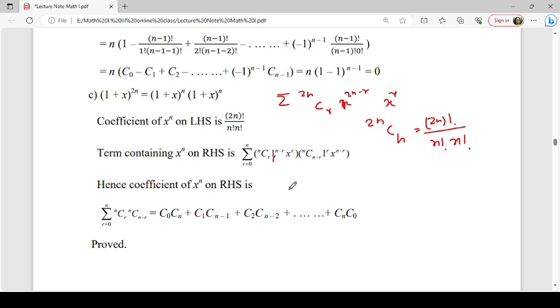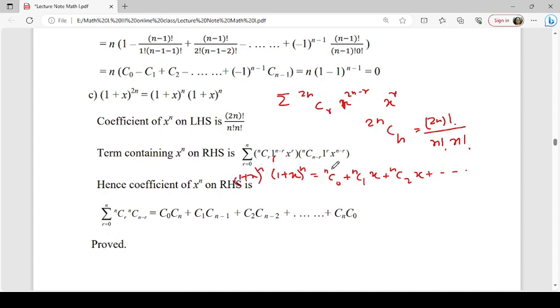So we can expand this like this: (1 plus x) to the power n is nC0 plus nC1 x plus nC2 x squared plus and so on, into (1 plus x) to the power n.